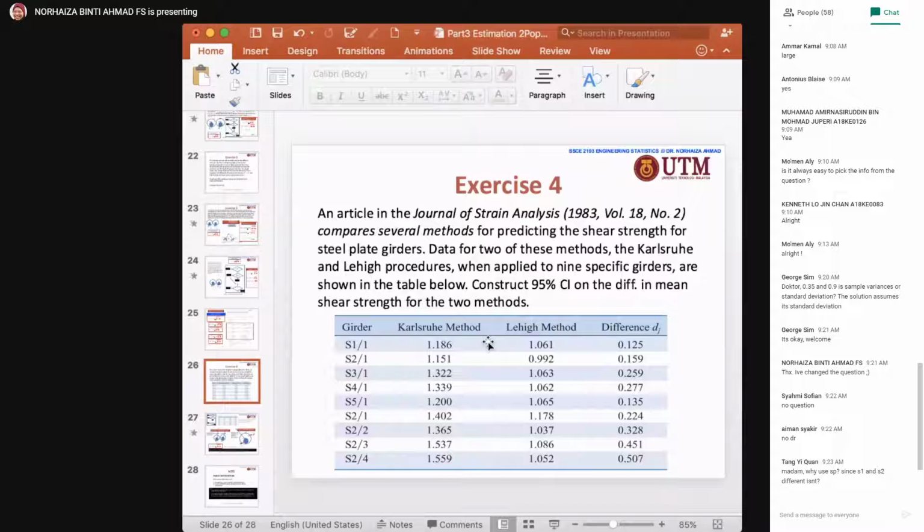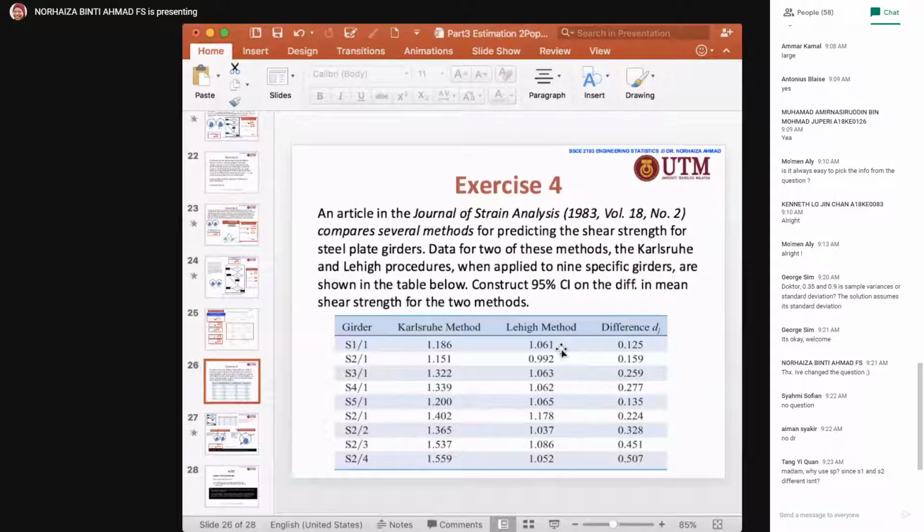Just for example, student A is applied to one diet, say the Atkins diet, and they measure the weight. Then another one uses another method, for example a high fiber diet, and you get 1.061 as the weight.